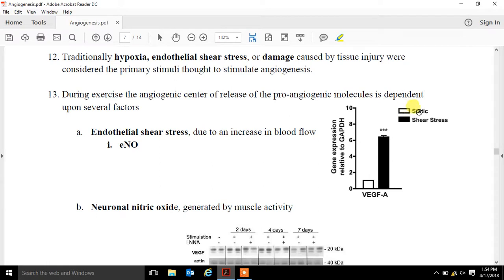Here is static versus high shear stress, and this is vascular endothelial growth factor A. You'll become very familiar with that in a couple of pages. It is one of these pro-angiogenic molecules. That's a pretty profound increase with shear stress, and we know that shear stress is going to go up in response to exercise.